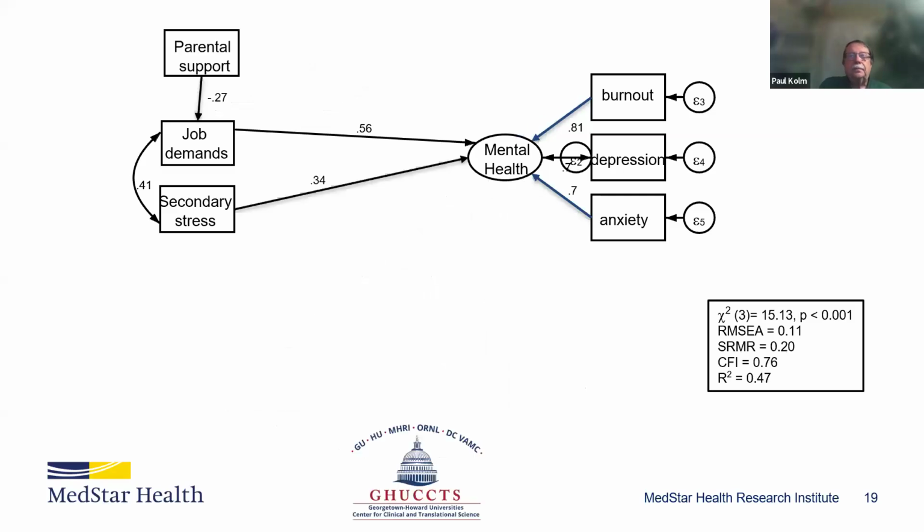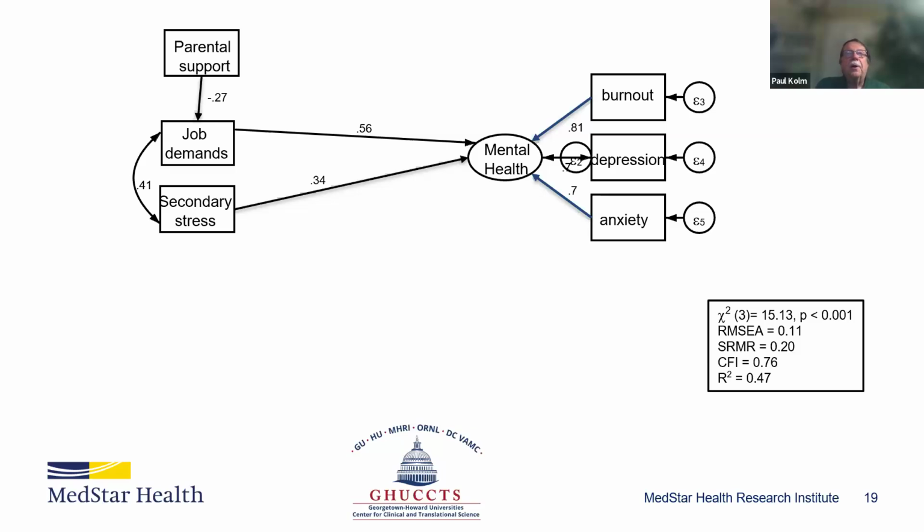And so what we're going to do is take away some of the variables, because some of the covariates didn't appear to really impact mental health. We took those out. And so now we're just left with job demands and secondary stress. And then we're suggesting that parental support doesn't directly affect mental health, but it's a mediator because it has an effect on job demands.